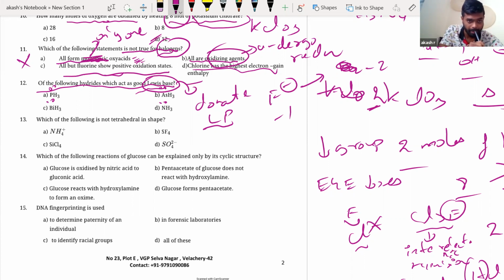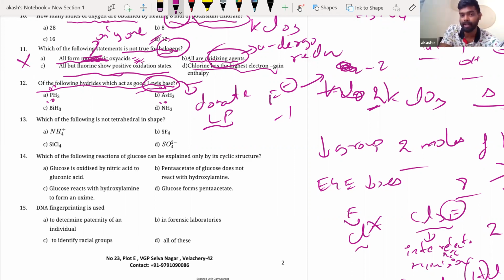The correct answer would be, I think, BiH3. Is it not? Sir, NH3, because the N has a lone pair of electrons which it can donate. Everything has a lone pair here. Phosphorus, arsenic, bismuth, nitrogen all belong to the same family, the nitrogen family. It's more electronegative and small in size.